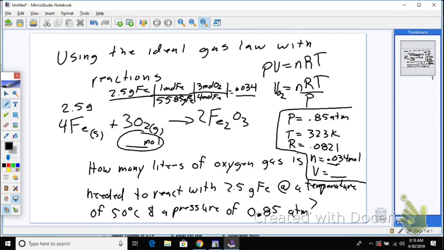So, like 1.1 liters? Is that what you guys got? Okay, good. So that would be 1.1 liters.